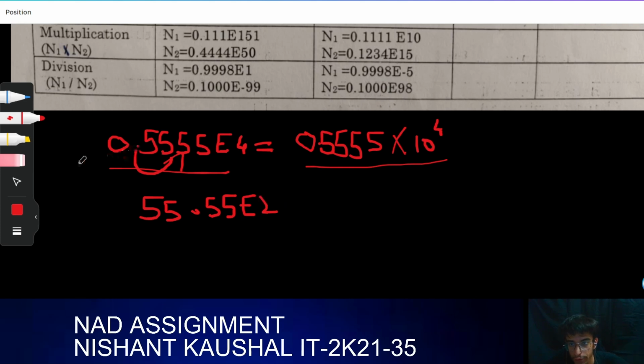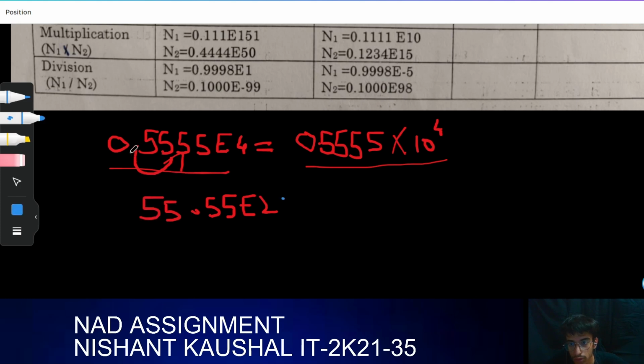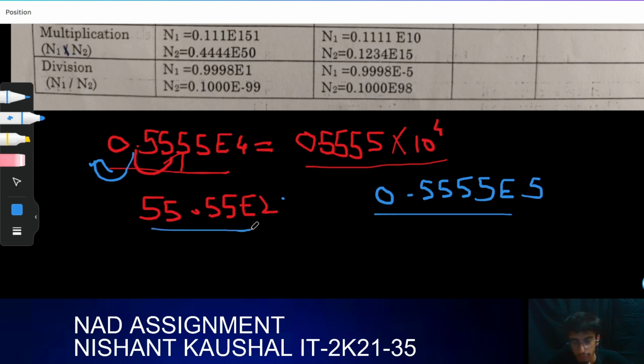And if we want to move this point after here, we could write it as 0.5555 e5. Okay, these are the basic things we should know. Now let us proceed with the question.